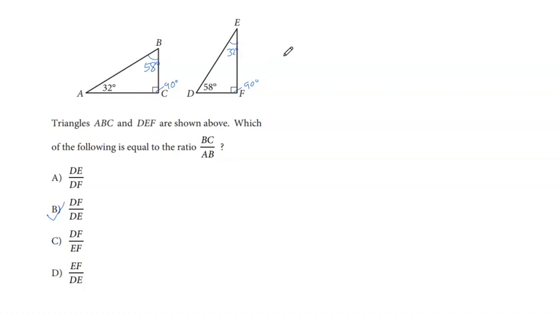So I will rename the triangle following the angles. So what I'll say is I'll go 32, 58, 90. So I say triangle A, B, C.